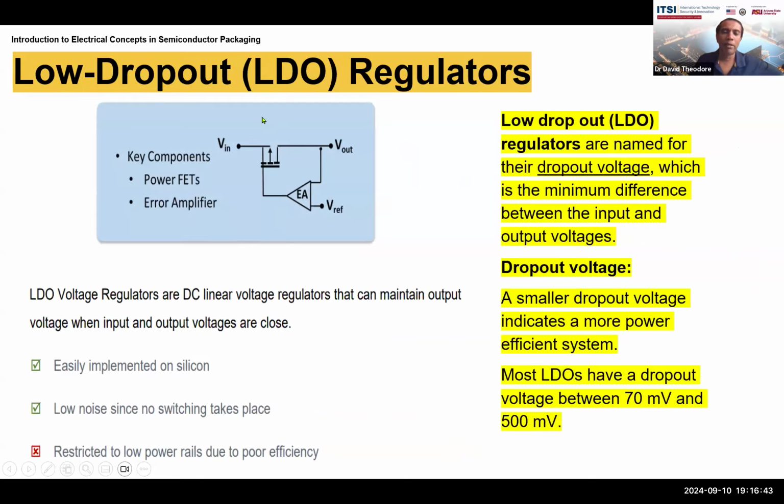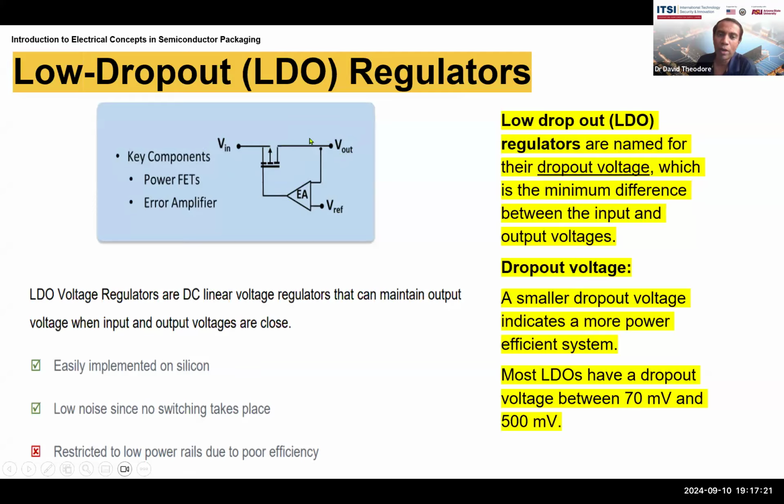And here's a schematic, where you have power FETs and an error amplifier here. So there's a voltage in, then you have a FET, and then the voltage out with a feedback circuit through an error amplifier. The error amplifier basically looks at a reference voltage, and if you wire it correctly, it feeds a signal to the power amplifier, the FET here, to the gate, that will enable you to control the voltage out to match the reference voltage.